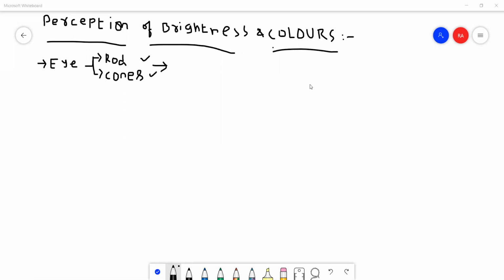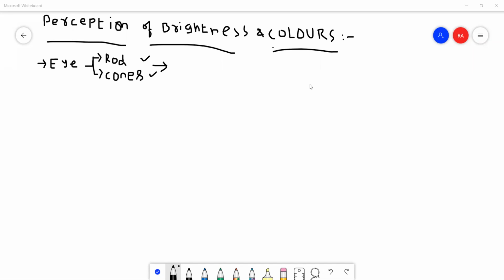So all colors that we see are additive mixing of red, green, blue in suitable proportions. At the retina, there are three sets of cones, each sensitive to one of these colors.